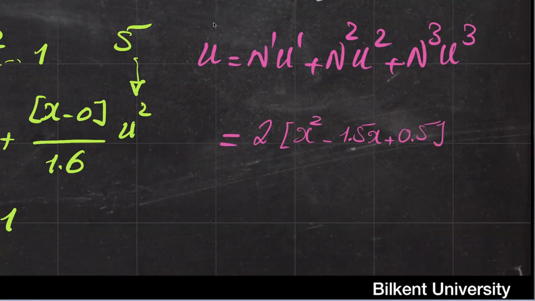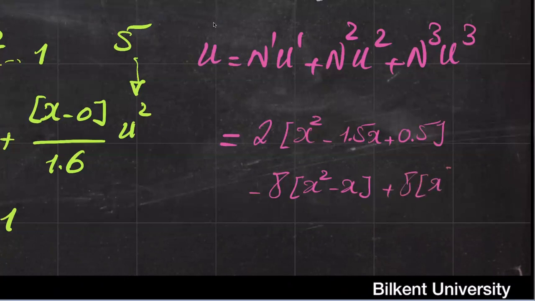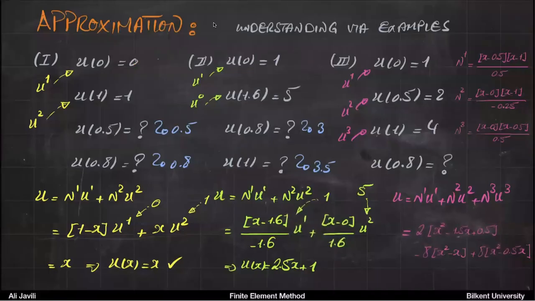Then for the second one, you get minus 8, x squared minus x. And for the third one, you get plus 8, x squared minus 0.5x. Okay, so this step is just inserting values. It's nothing that complicated.